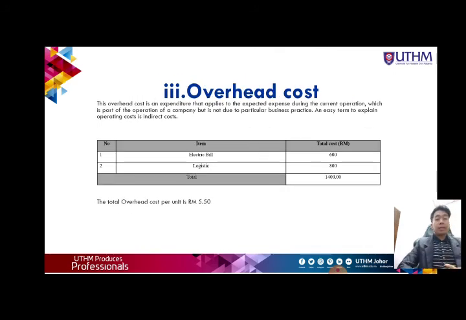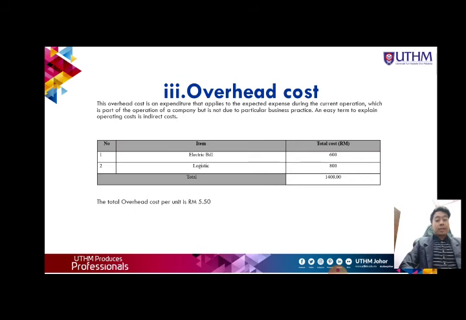The third one is overhead cost. This overhead cost is an expenditure that applies to the expected expenses during the current operation, which is part of the operation of a company, but is not due to a particular business practice. An easy term to explain operating cost is indirect cost.